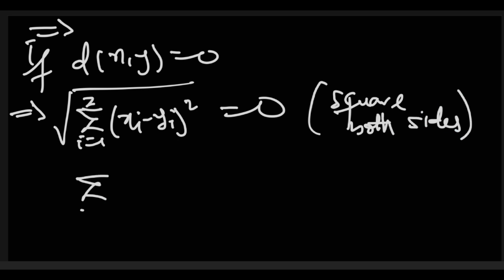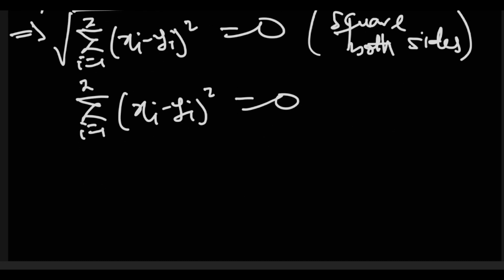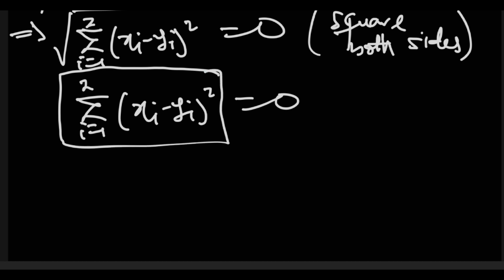So we have the sum of (xi minus yi) squared will actually be 0. When you square 0, you have 0. When can the sum, remember i is from 1 to 2, be 0?